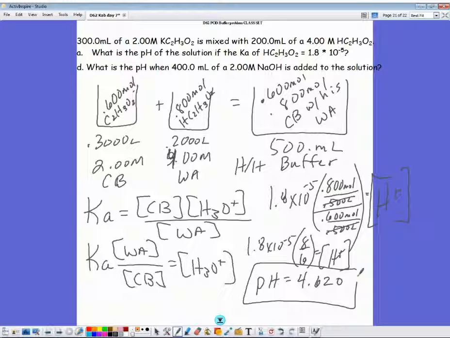Did some of you use molarity instead of moles? That's okay. It's just that you probably did some rounding. I just put 1.8 times 10 to the minus 5 times 4 over 2, or 4 over 3.